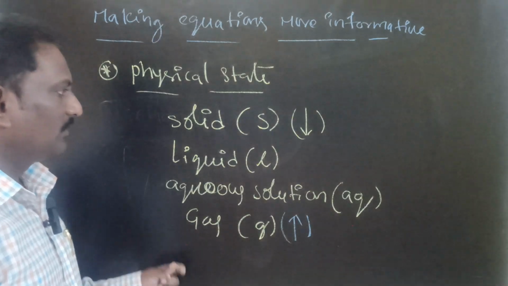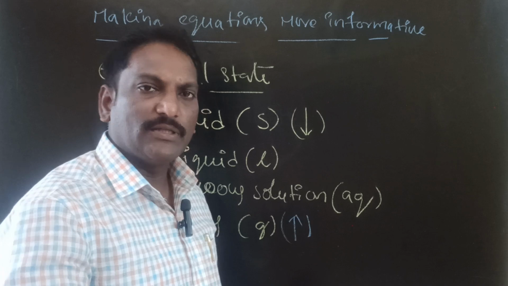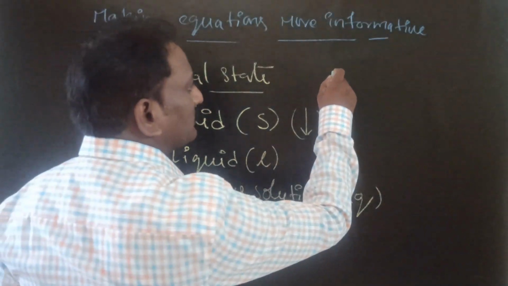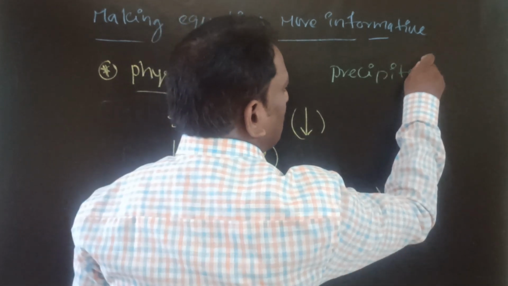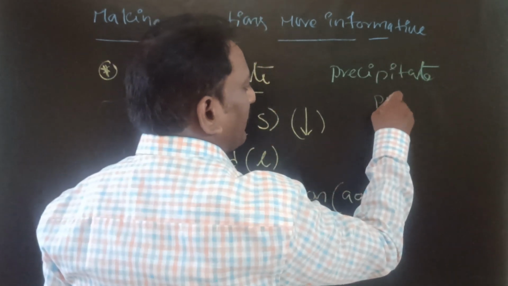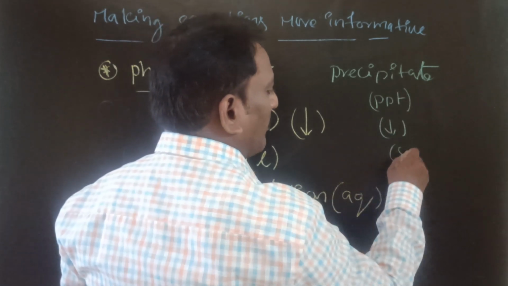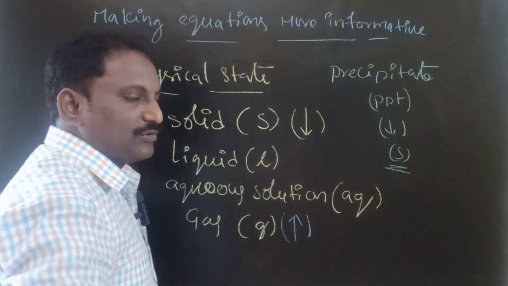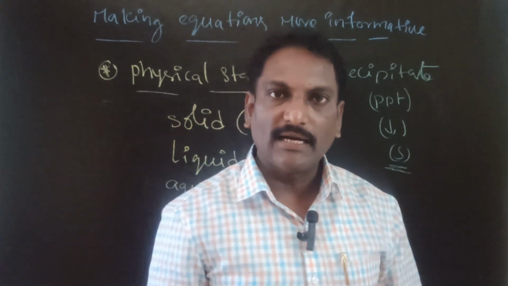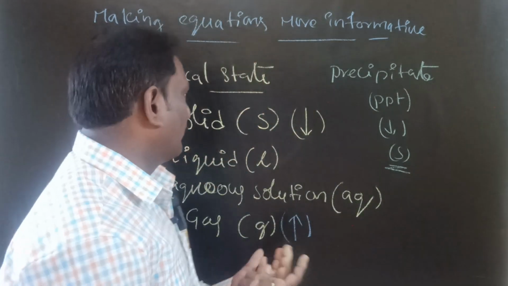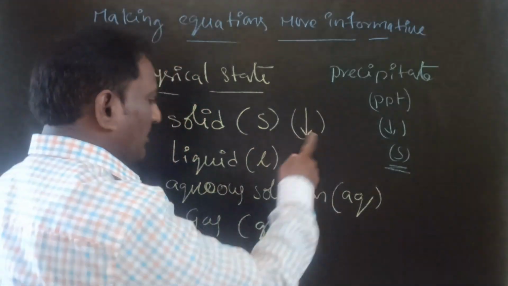Next, if the products are formed in the form of a precipitate, the symbolic representation is ppt, or a down arrow mark, or you can represent it as solid. So this is the symbolic representation of the physical states. If solid, use small s or a down arrow mark.